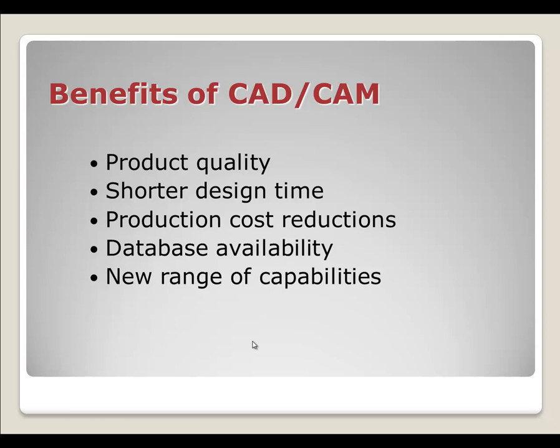The drawings and documentation will be available in the database for future references and analysis. So CAD and CAM added a new range of capabilities for not only the design process but also for the manufacturing side of the product.